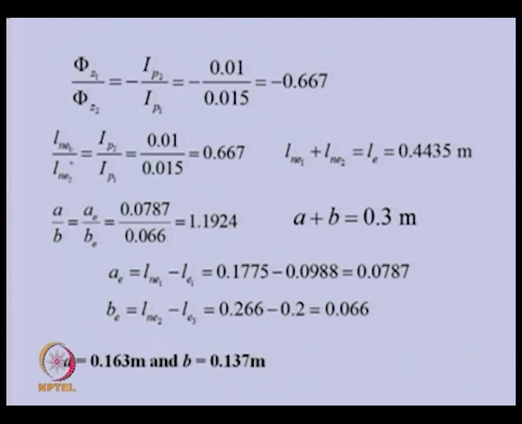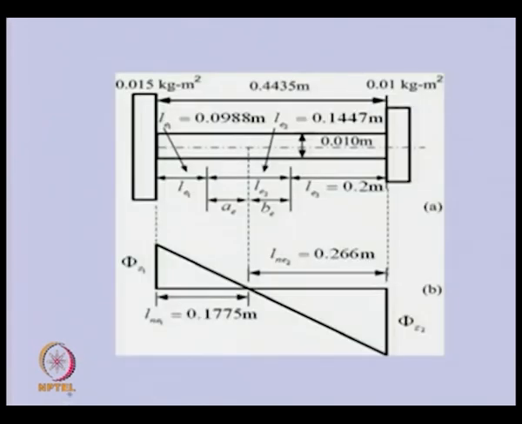The node location ratio is given by this expression, and we know that the total length on either side of the node in the uniform shaft is equal to the equivalent length. So from these 2 expressions we can obtain the node location. And if we see in the figure, this is the equivalent uniform shaft, and we have a node location here.